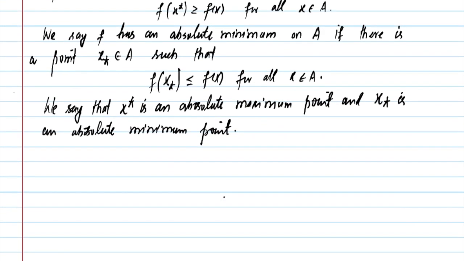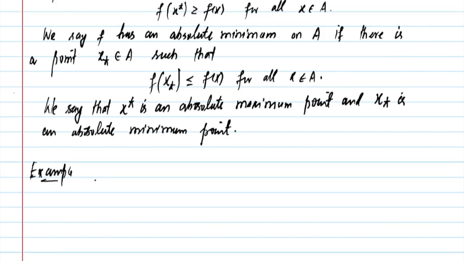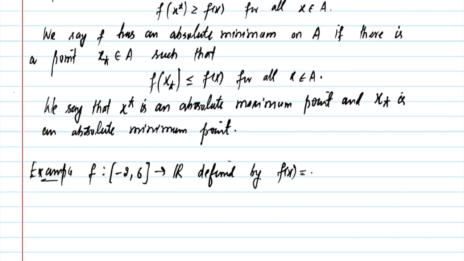Now here let's take up one example. Take a function f from the interval -2 to 6 into the set of real numbers defined by f of x is equal to x plus 2.